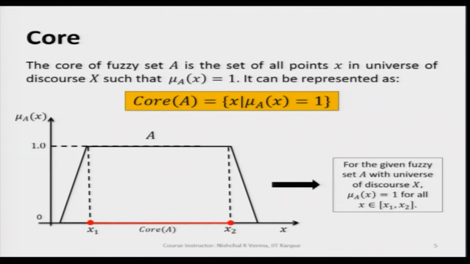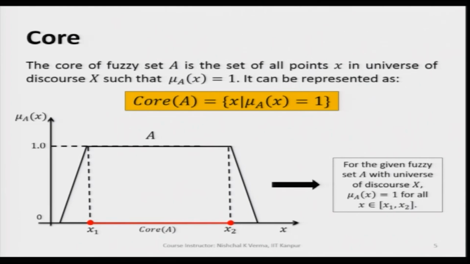This can be represented as: the core of a fuzzy set is equal to the set of all the points for which the corresponding membership values are 1.